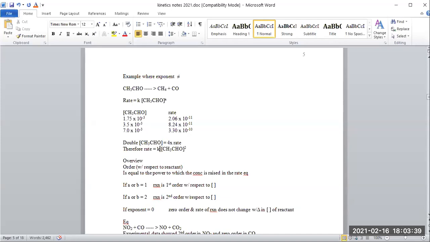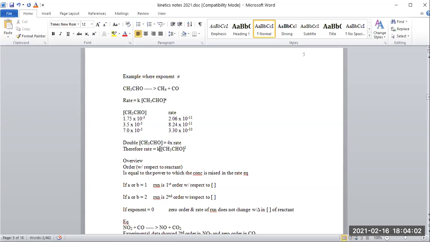Okay, if you are talking about your reactants, anything raised to a 1 is called first order. Anything raised to a 2 is called second order. 3 is third order. There is also the possibility of 0.